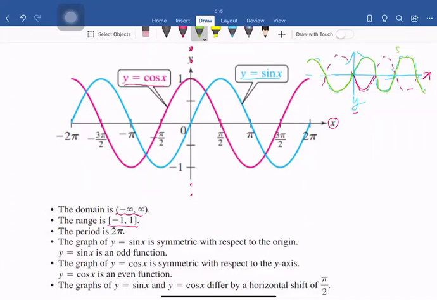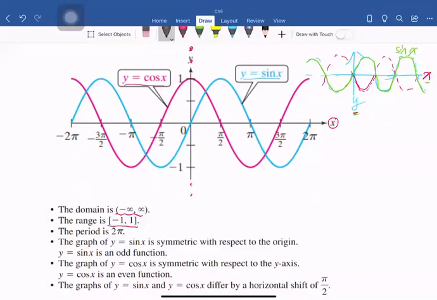The original one is sine x. That means if you flip along the x-axis and then flip along the y-axis, this graph overlaps itself, so this function is symmetric with respect to the origin.